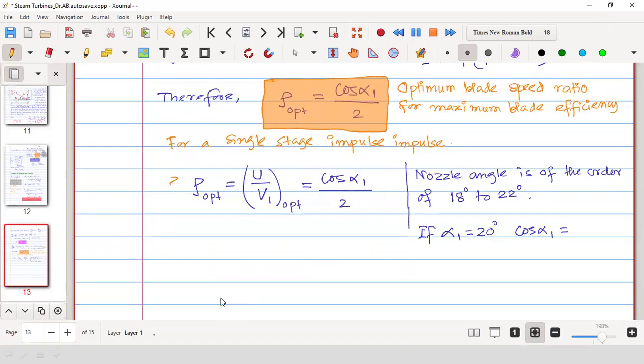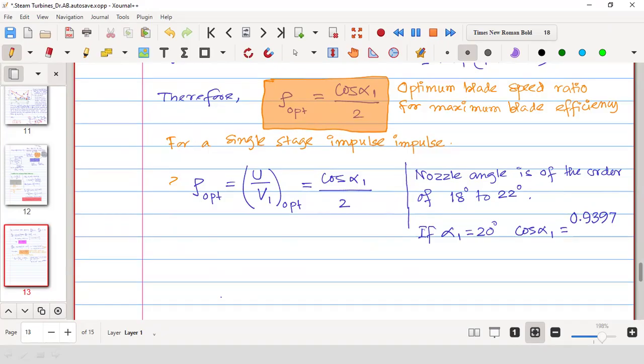Sir, the value will be 0.9396. 0.9397. Okay, cos alpha 1 is 0.9397. And therefore, what is cos alpha by 2?